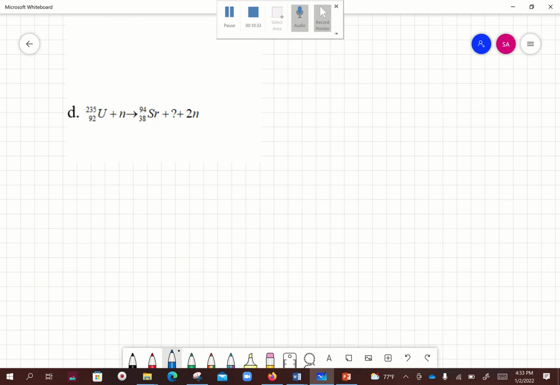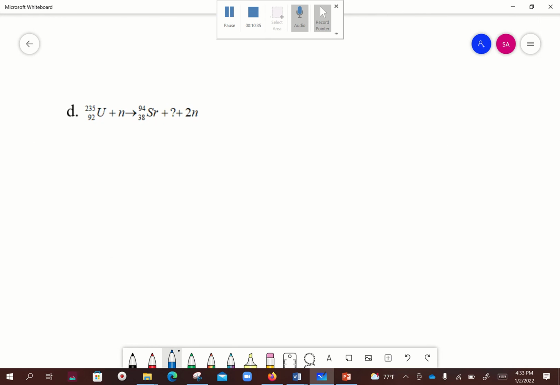Okay, and my final one, now I've gone way up in the periodic table. I've got uranium plus a neutron going to strontium and 2 neutrons plus something else. So on this side I've got 235 plus a neutron. Remember, a neutron is 1, 0, n, so plus 1.